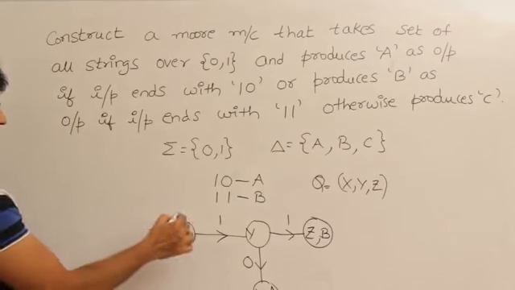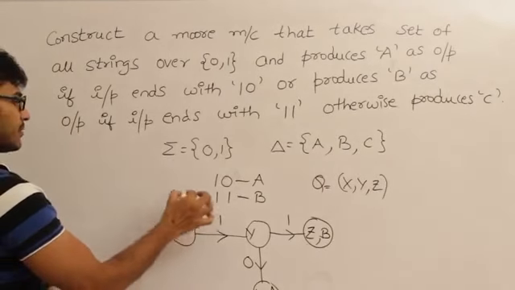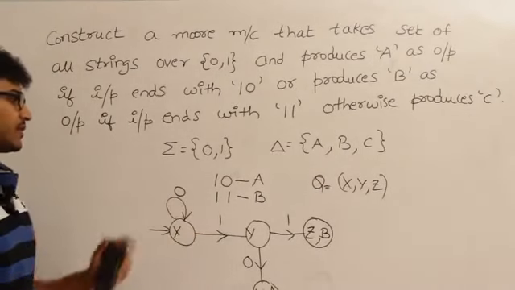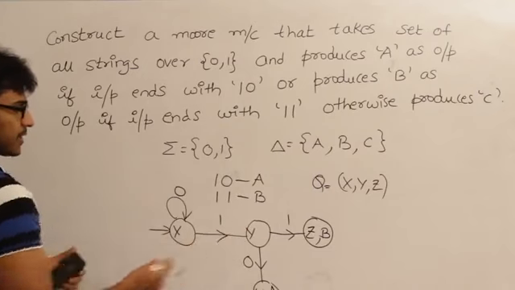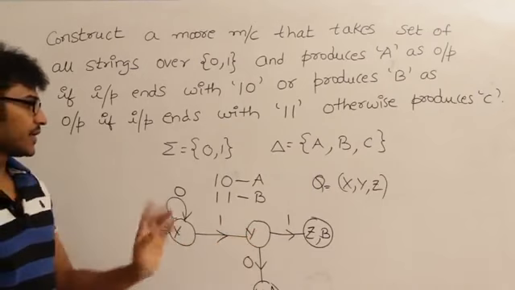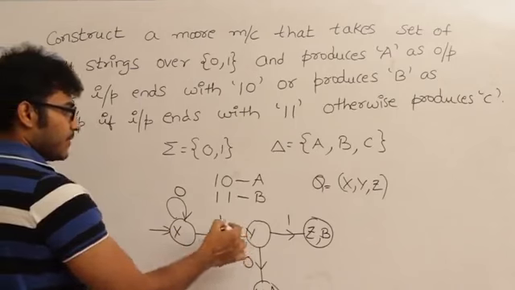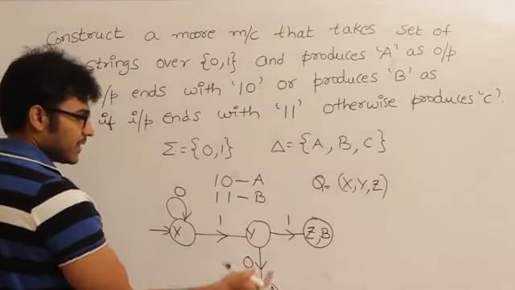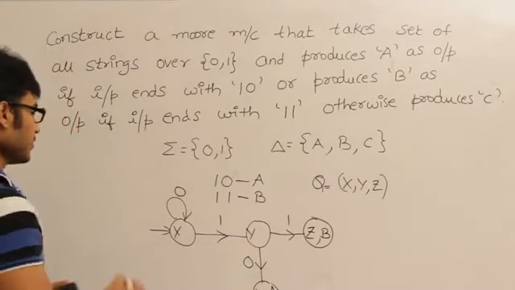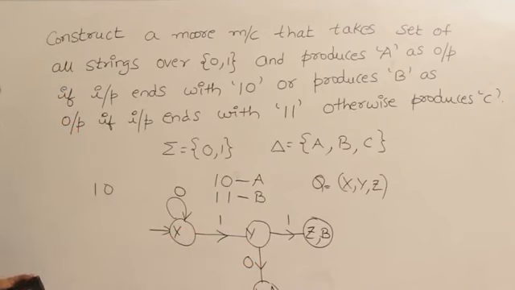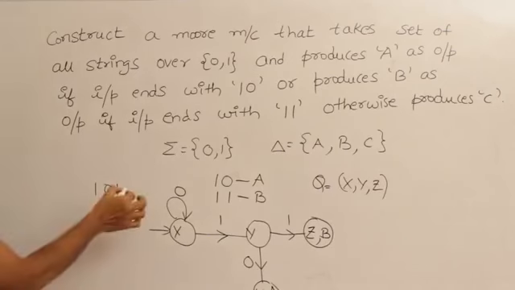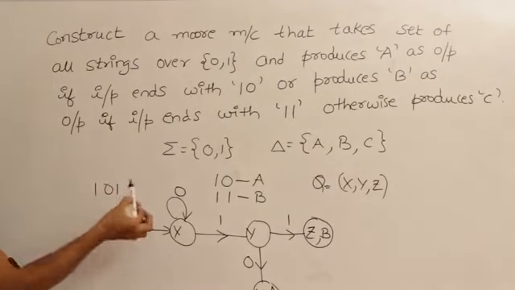In capital X, if I see any number of zeros, I should just wait for 1, and this is complete. And capital Y can see 0 or 1, that is complete. Now if I am in state W, how did I reach this W? After seeing 1 0. If I see one more 1, I should either wait for a 0 or 1.